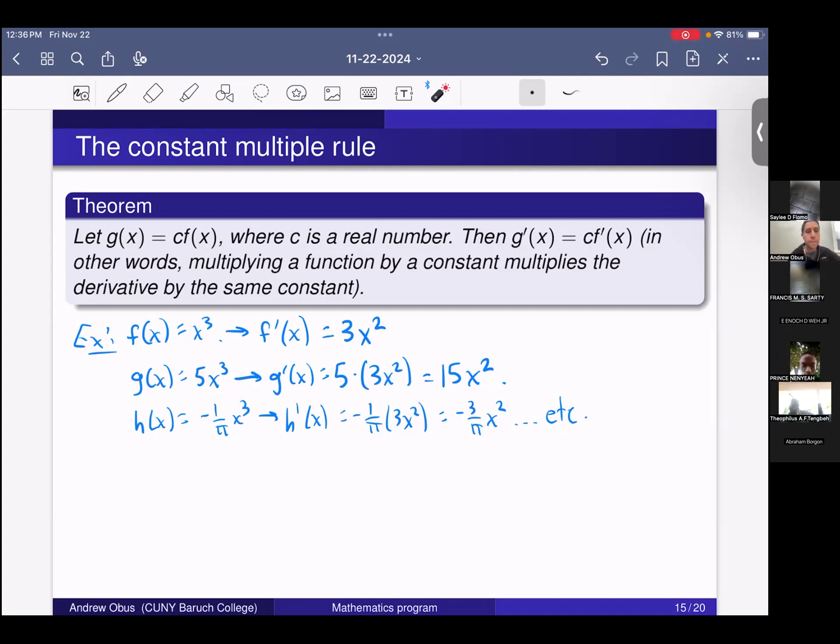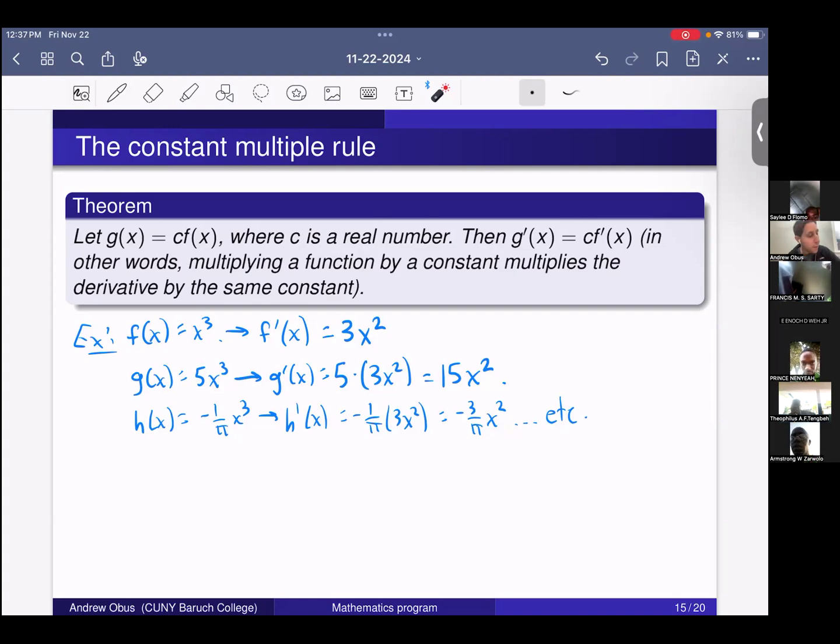Yeah, Prince? So, if we have g of x equal to pi x raised to the k power... We took the power of 3 and then multiplied by 5 and then subtracted 1. Is that what we do? Yep, that works.